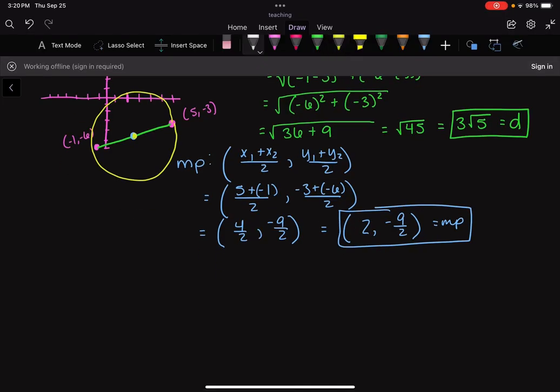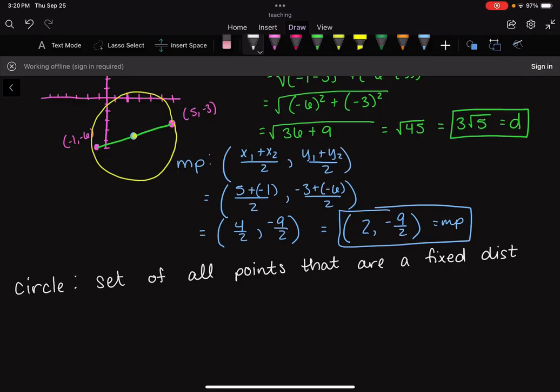So let's move into actually talking about circles now. So circles, the real definition is the set of all points that are a fixed distance from a given point, and that given point is called the center.